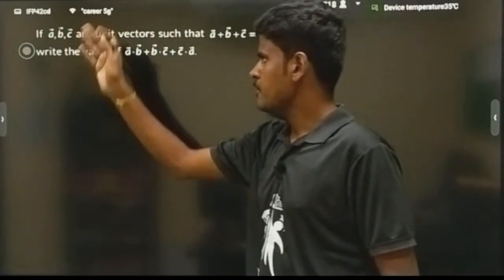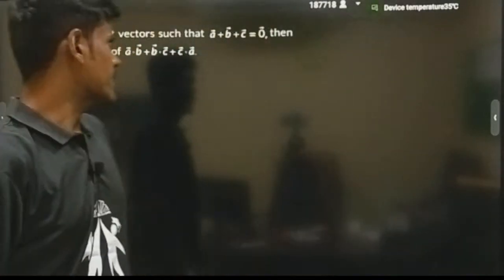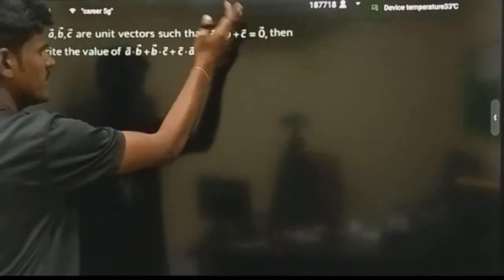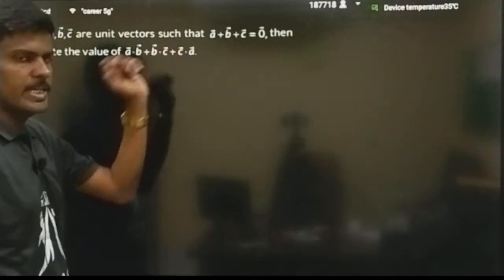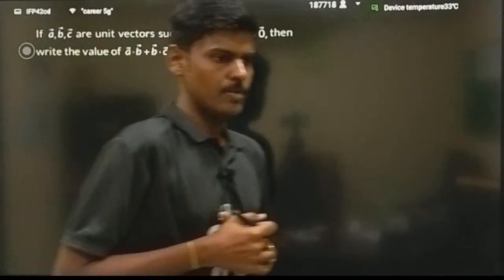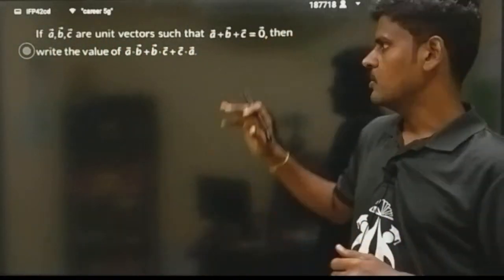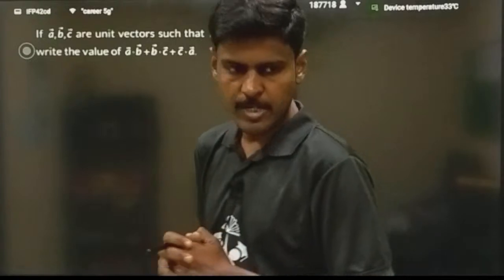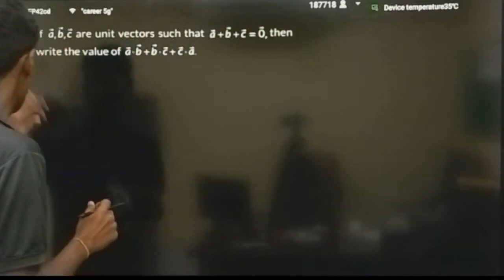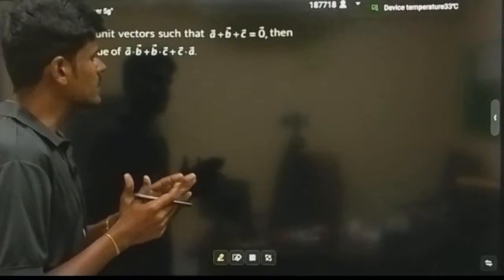Next question is, if A, B, C are unit vectors such that A plus B plus C equal to 0, write the value of A dot B plus B dot C plus C dot A. Now this is again another important concept and important model or format for solving problems.